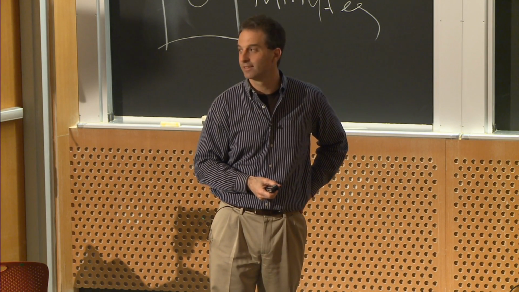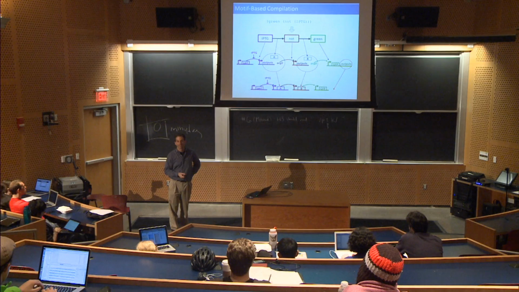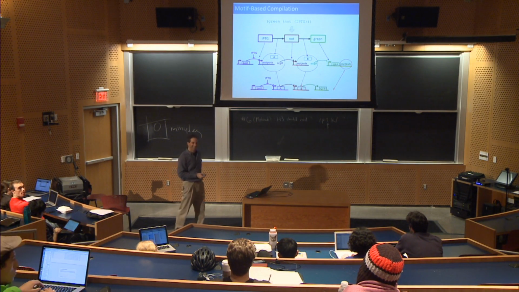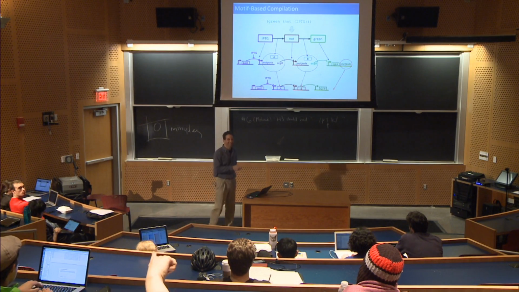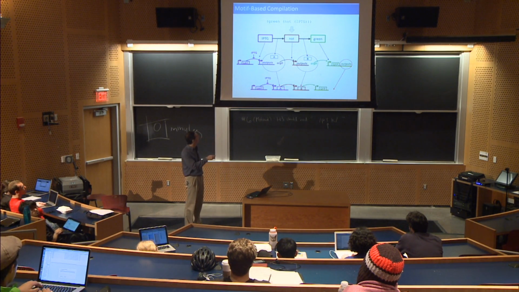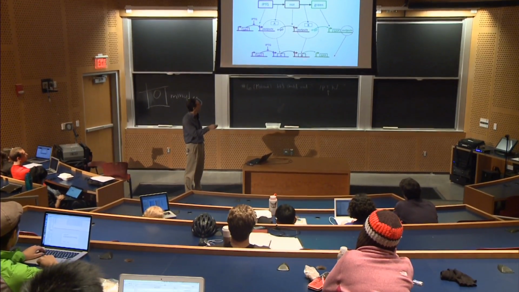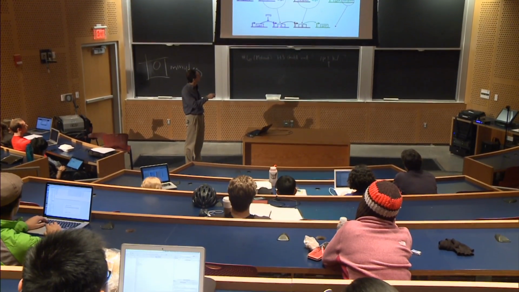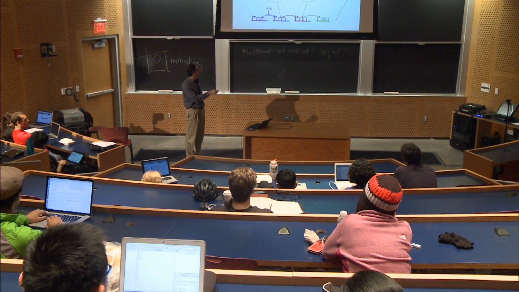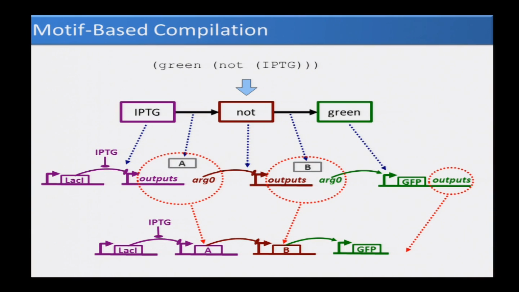Any ideas why? John knows. A can directly repress GFP, so you don't actually need B. Yes, this is what the first version would be, but A represses B, and B activates GFP. So why not just hook A up to regulate GFP directly?